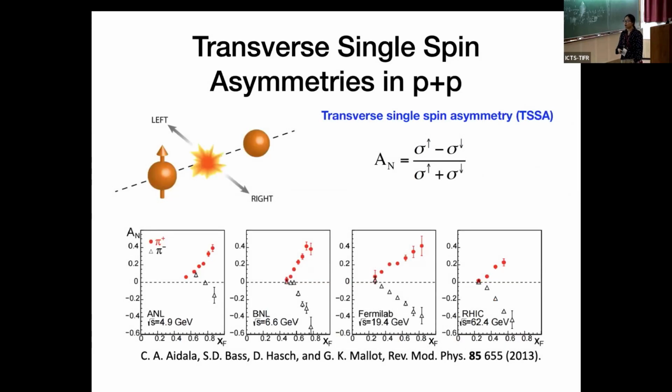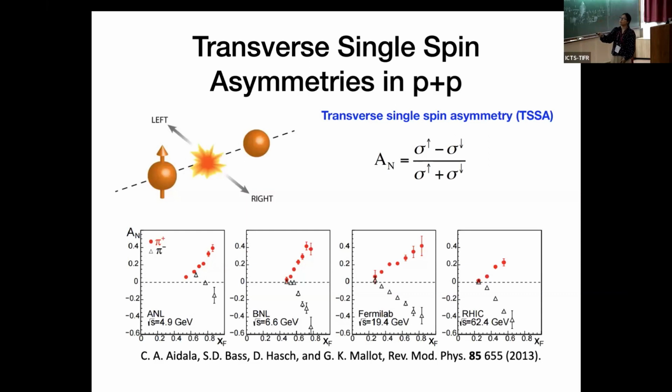All right, so far what we discussed was the transverse momentum dependent functions. But I also want to talk about higher twist functions. So you talked about this difference between the leading twist and higher twist in the TMD lectures, and you actually saw this plot together during the lectures here.